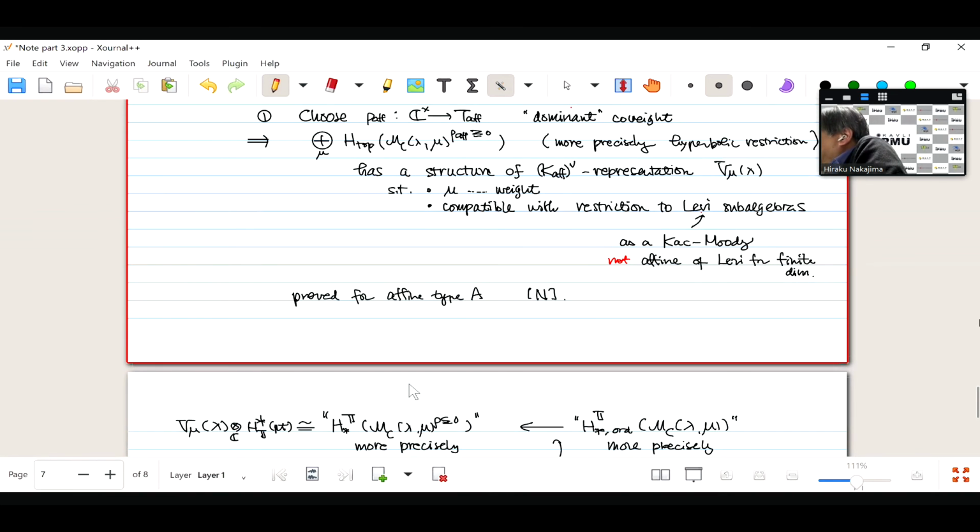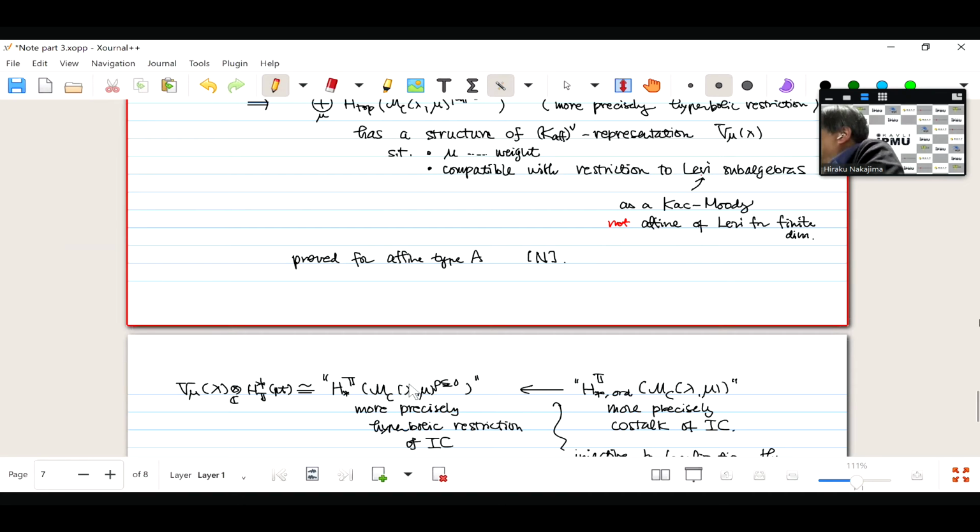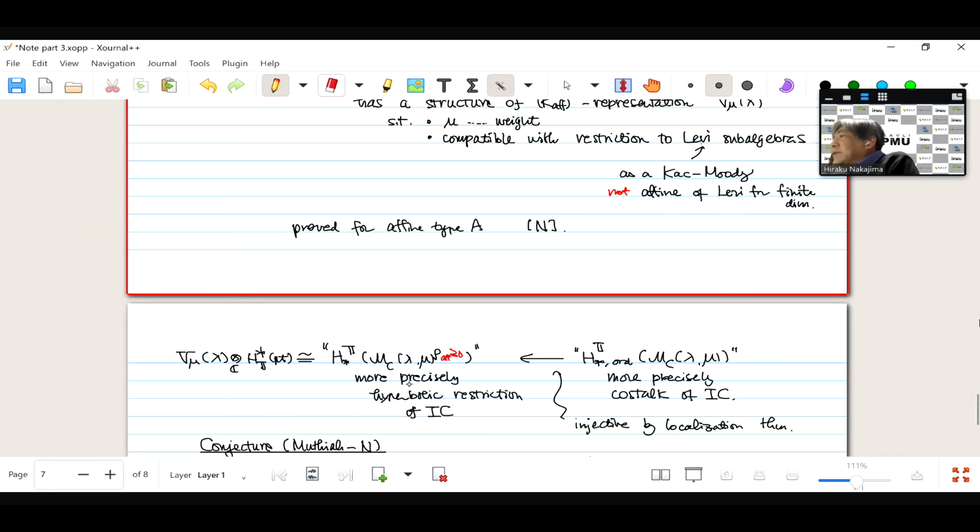But for this attracting set, more precisely, as I said, we should use the hyperbolic restriction of the intersection homology. So this is a very simple one. So even if you consider the equivariant homology, it doesn't change the answer much. So you just replace the weight space with its tensor product with the equivariant polynomial ring.